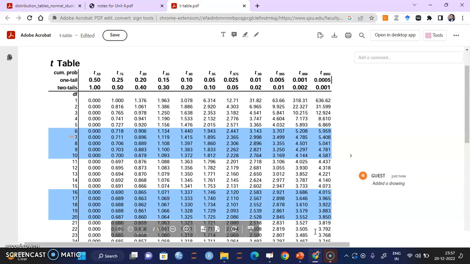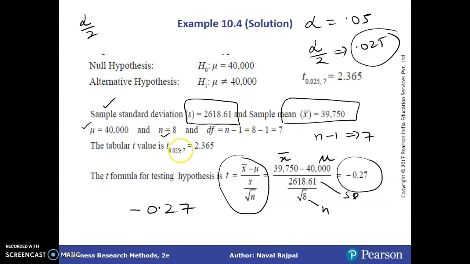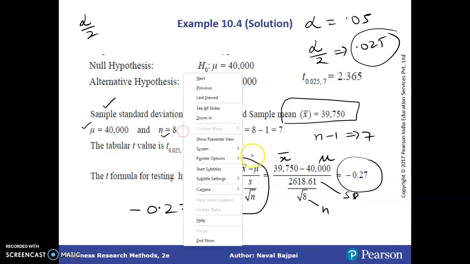So what should be the decision criteria? The value which we calculate should be greater than this value. If the value which we have calculated is greater than this value, we will reject the null hypothesis. Otherwise, we will not reject the null hypothesis.